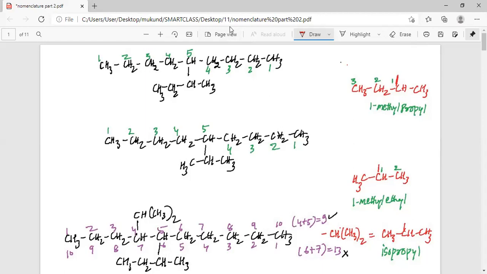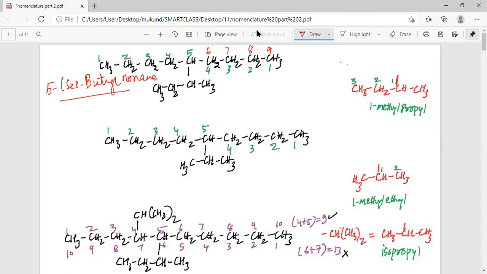In the last period, we gave this compound the name 5-secondary butyl 6, 7, 8, 9 nonane. This is the name we have given.